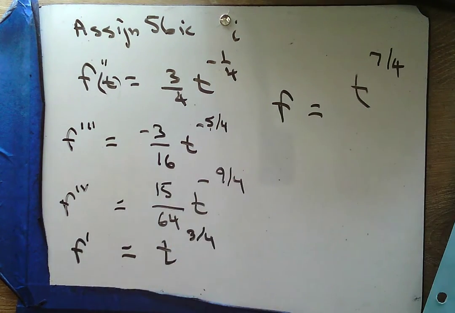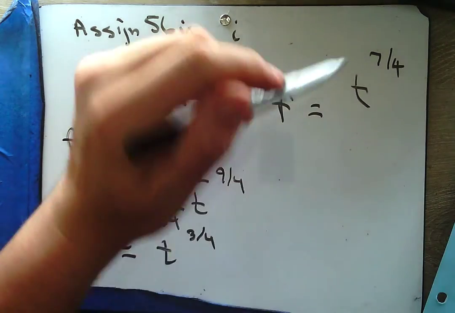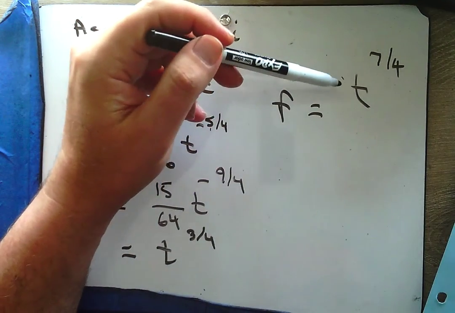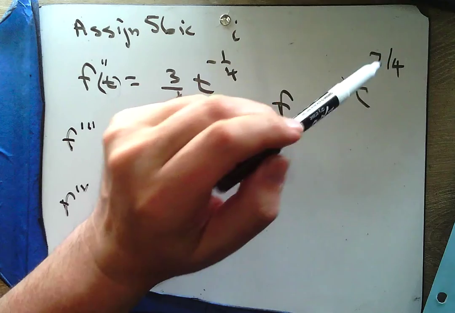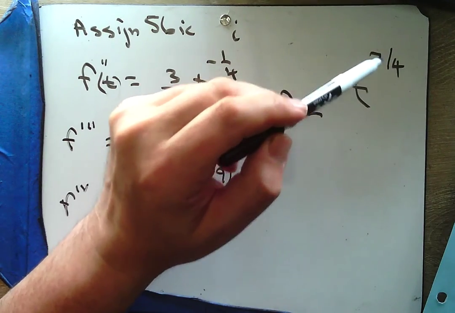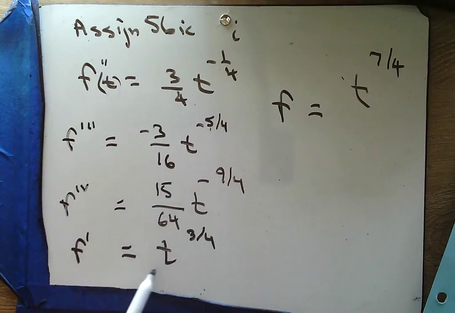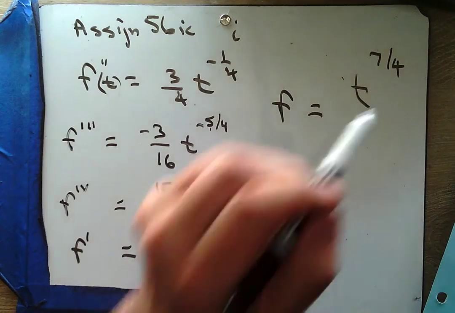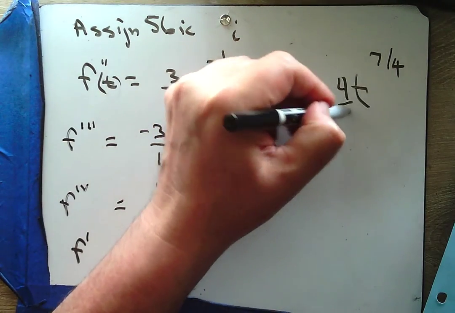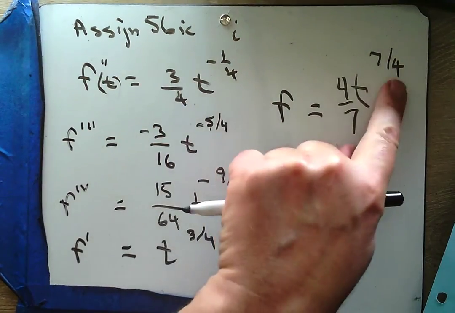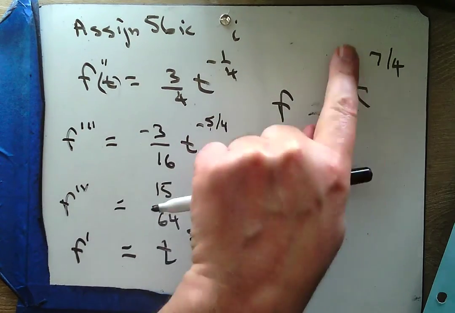So there must be something present in the original function. Going backwards, we say antiderivative. There must be something in the original antiderivative that makes this 7/4 go away when it comes down, because it's not here for f prime. So how about 4/7? That way, when I bring down 7/4, these cancel.